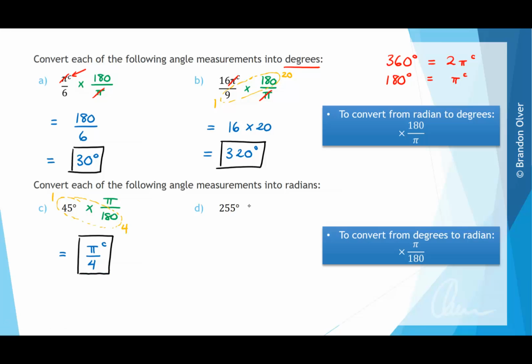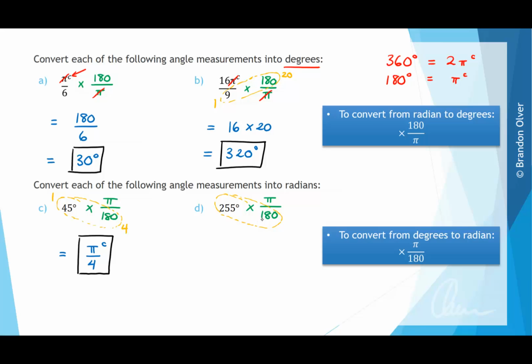For part D, we're going to do the same thing, so we're going to convert from degrees to radians by multiplying by pi over 180. And to help us simplify this, we can inspect the 255, which is on the top line, and the 180 that's on the bottom line. And if you do a quick check, you can see that 15 goes into both of these.